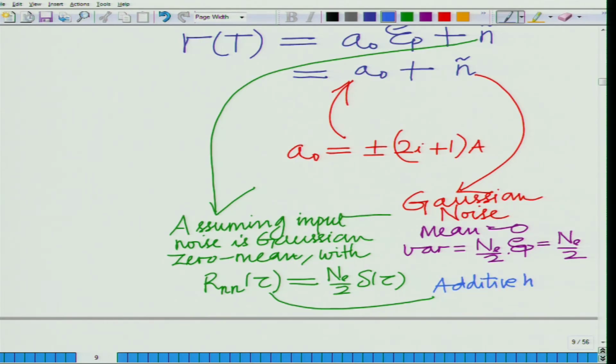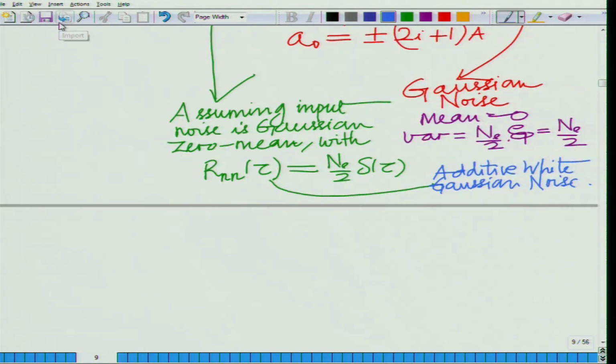Okay. Additive white Gaussian noise. That is the same thing. Okay.